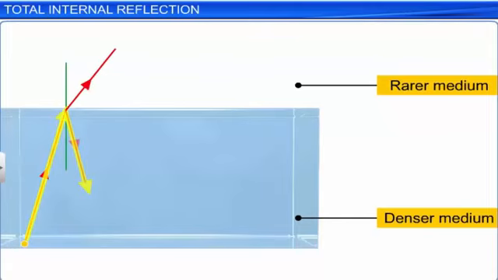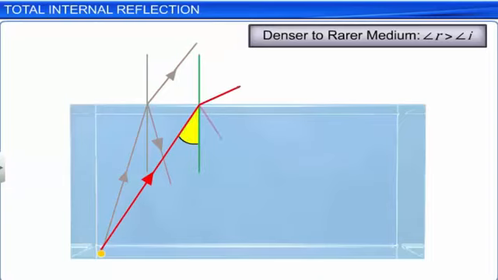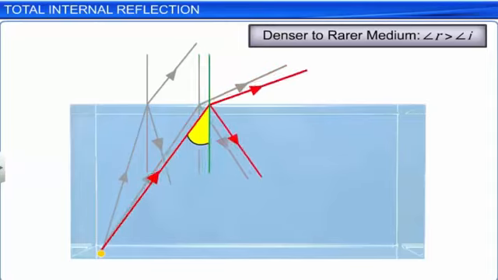In case of refraction from denser to rarer medium, the angle of refraction R is greater than the angle of incidence I. If another light ray with higher angle of incidence is considered, its angle of refraction will also be correspondingly higher.